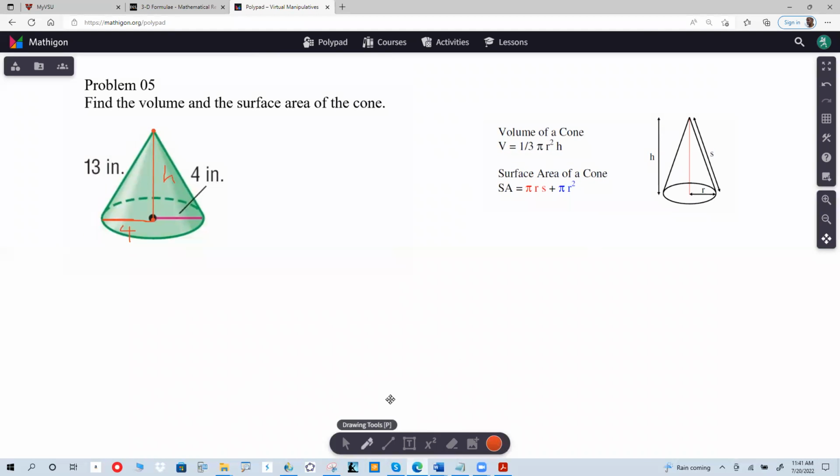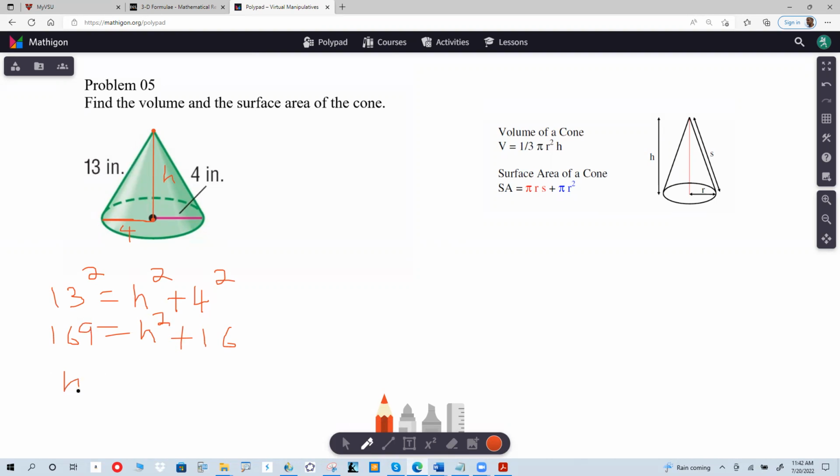How do I do that? Well, I say 13 is the hypotenuse, and this is also something we discussed. 13 square is equal to h square plus 4 square, and 4 square is 16, and 13 square is 169.